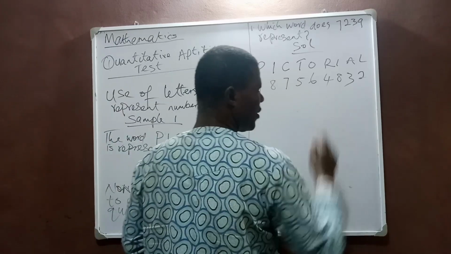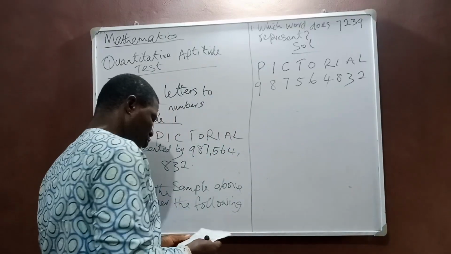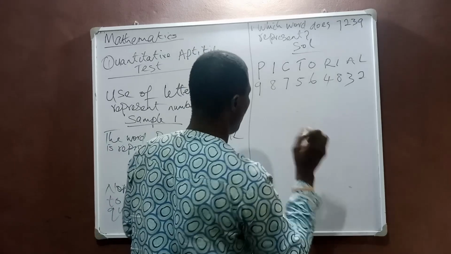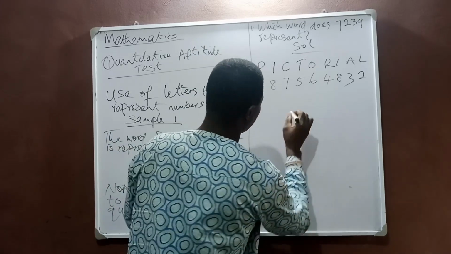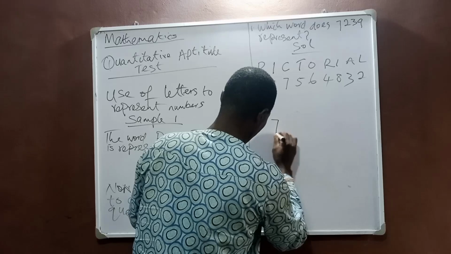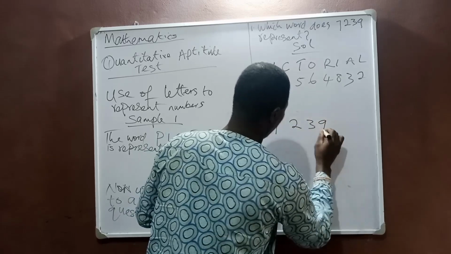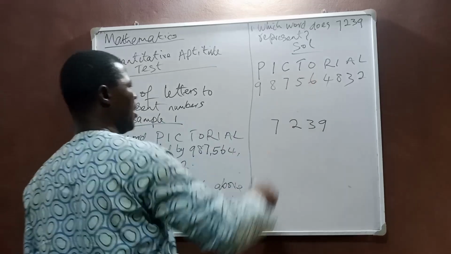So, as you are able to do this, the question now is asking us, which word does this number, 7239, represent? Come here and look for 7.